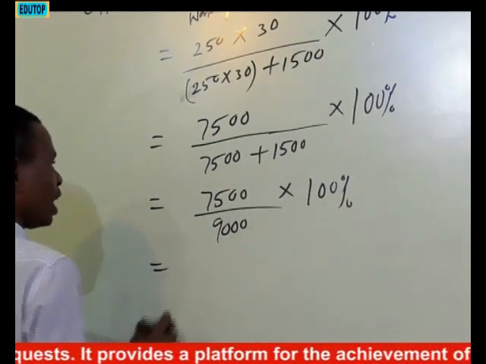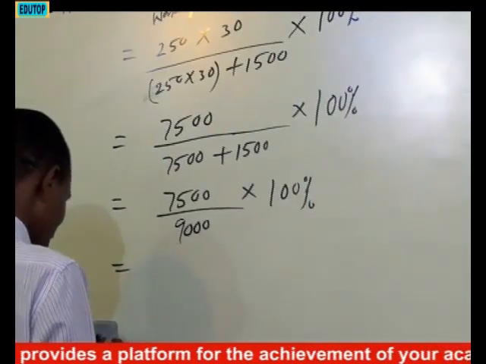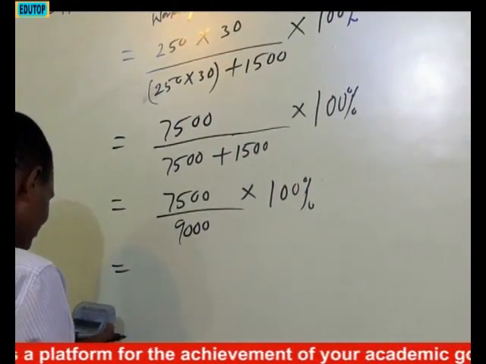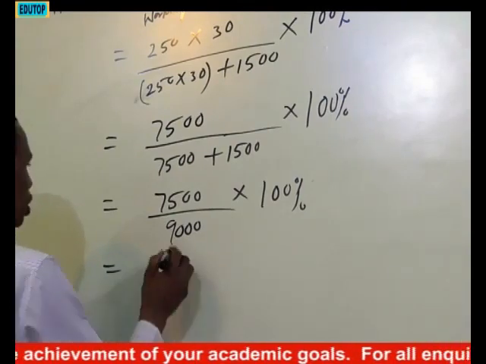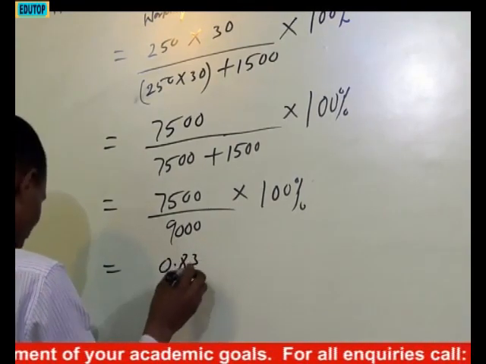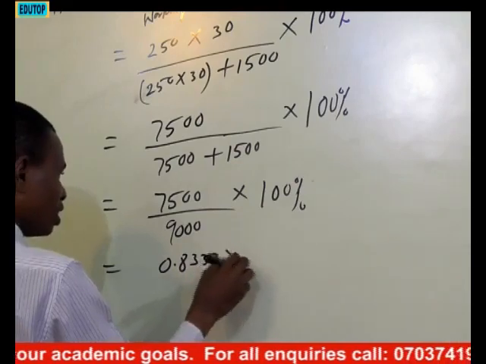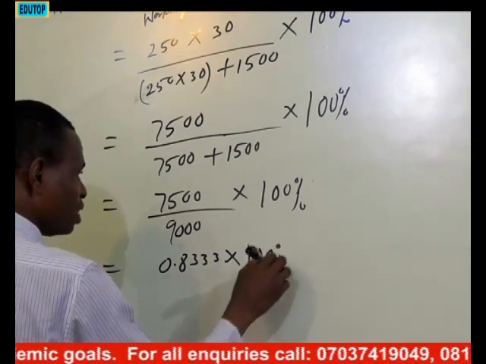If you divide 7,500 by 9,000, we are going to have 0.8333 times 100%.